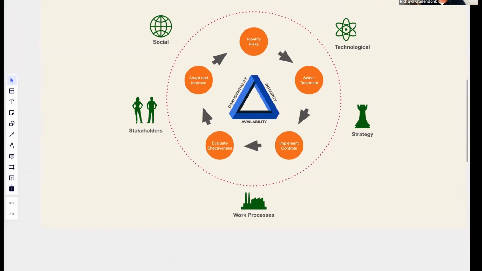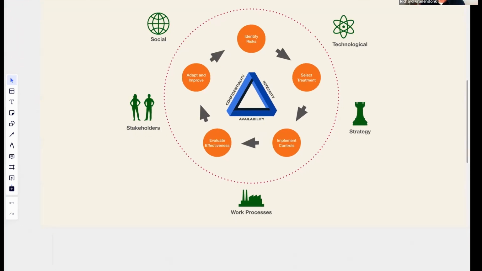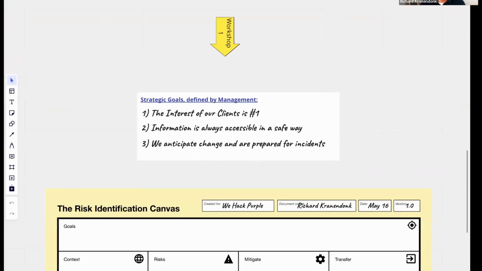Okay. So now that we have a slight bit of knowledge about security and managing security, we can start with a workshop. Before we start with the workshop, the point of departure, the spot on the horizon, are the strategic goals for information security, which have been set by management or leadership before we start this process.